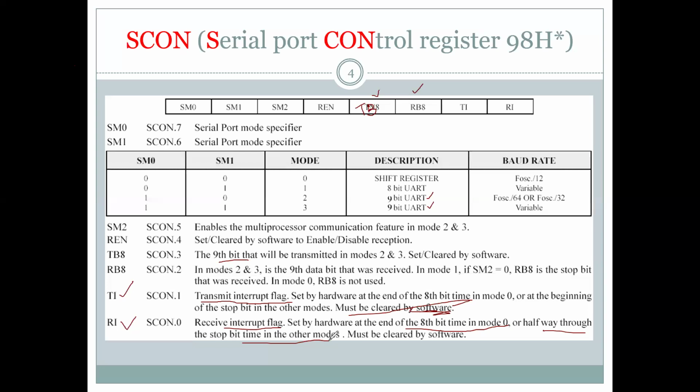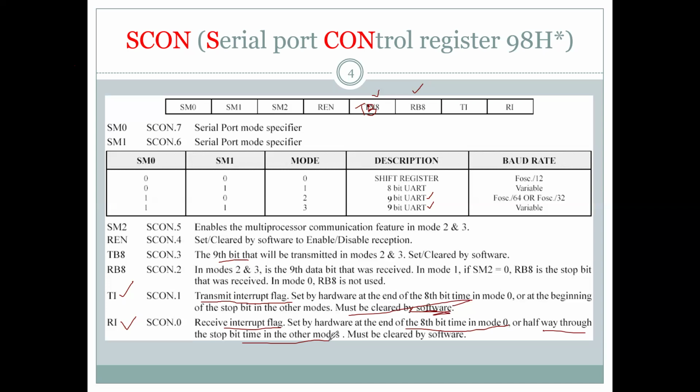The RI flag comes under the receiver module. Whenever reception is completed, the UART module will deframe, take the 8 data bits, place them into SBUF and set the RI flag. Upon RI being set, the CPU knows that a valid data byte is available in SBUF to be read.